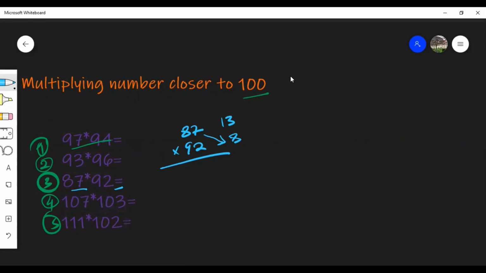So when you subtract, this one gives you 79, 0. And then you want to multiply the product of these ones. This is 13 by 8, which gives you 104. So from this, you're going to get 79 plus 1, which gives you 80, 04 in total.